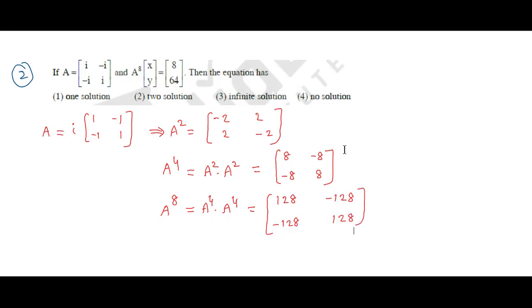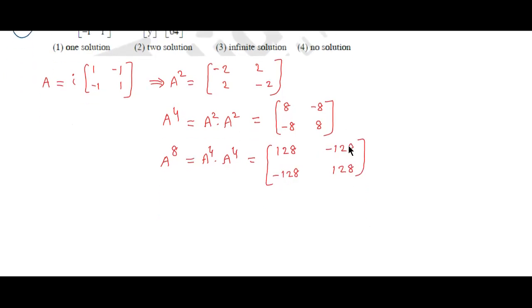Now see that A power 8 into xy is equal to 864. So substitute here 128, minus 128, or take 128 common also, then calculate, no problem. Okay, 128 into xy is equal to 864.